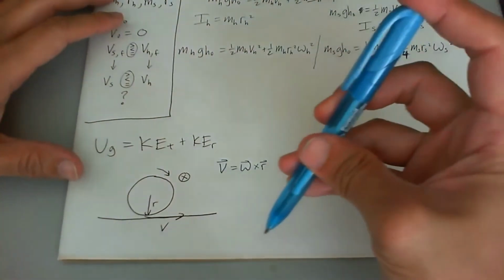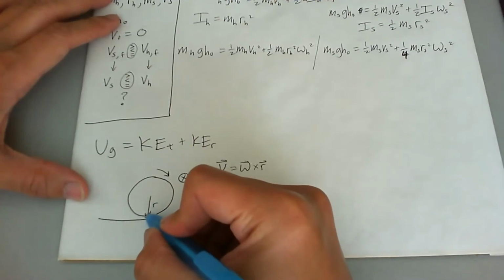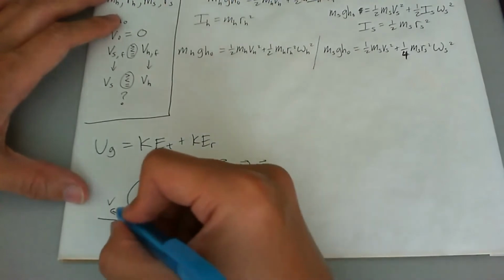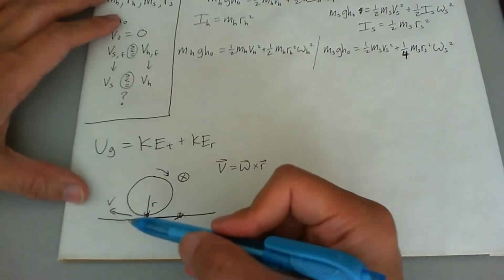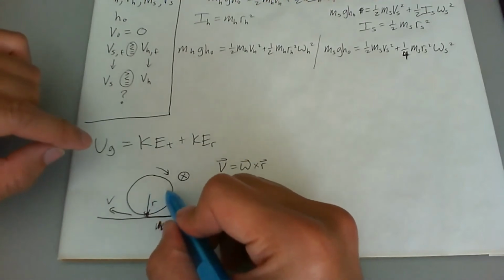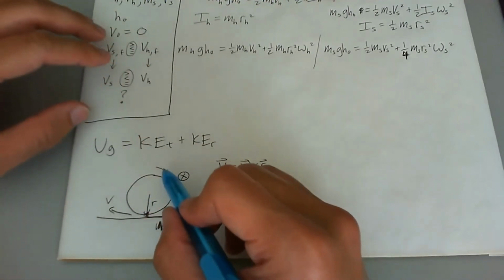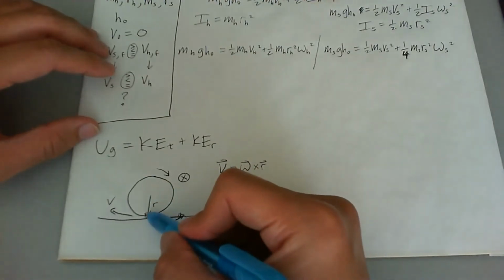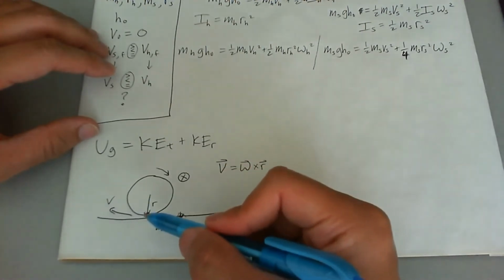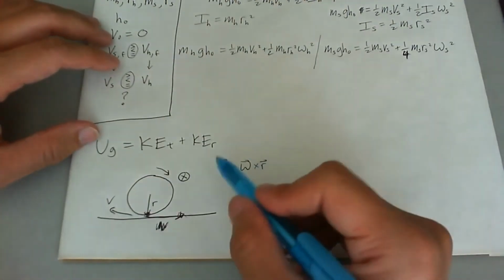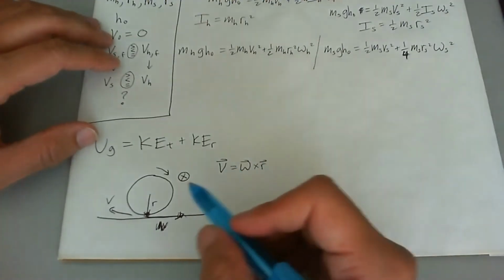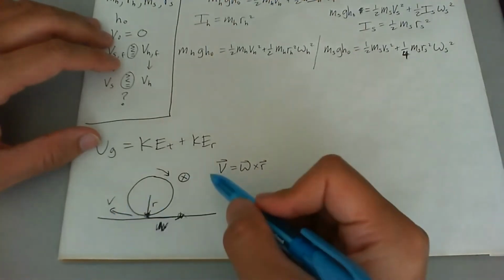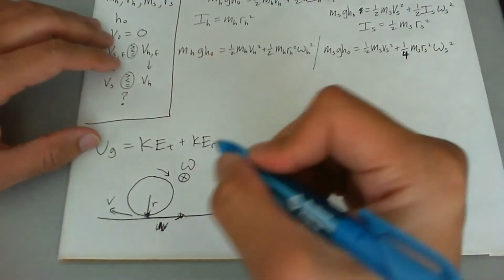My apologies, I made a small mistake. This point of the wheel is actually going to go this way at a velocity v, and that's the trick. Because this point of the wheel is going at a velocity v this way as it's turning, the wheel itself is going to go this way. That's why when it turns this way, the wheel goes to the right, though this point of the wheel with respect to the center goes to the left. Given that mechanics, using the right hand rule, this plays out. And they're all perpendicular. You have R going down, V going to the left, and omega going into the page.